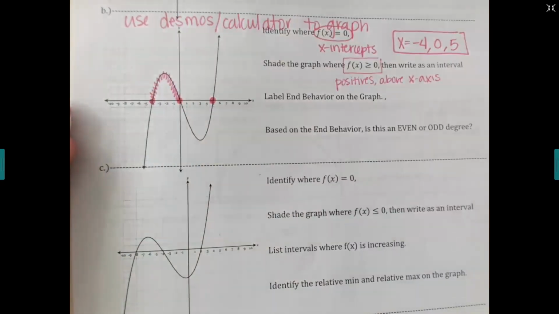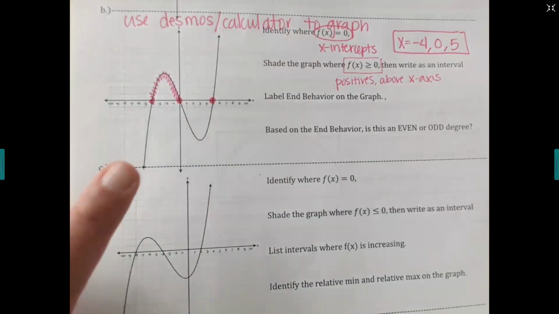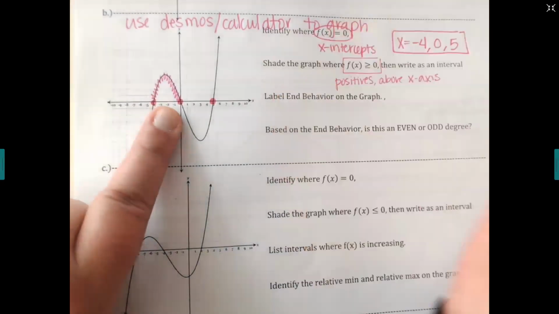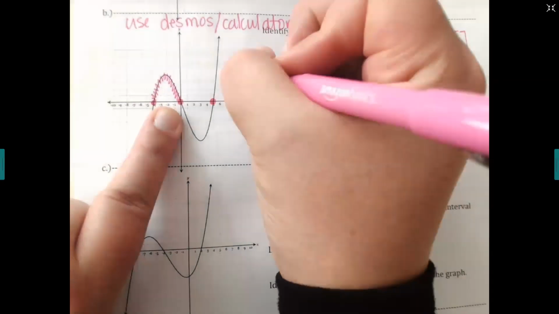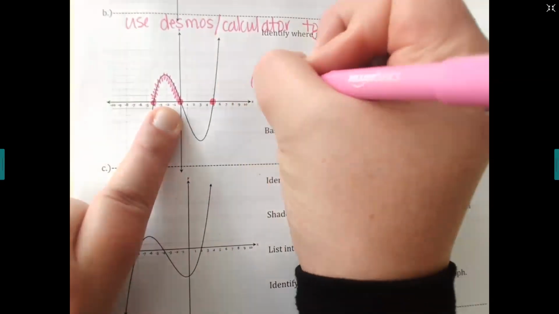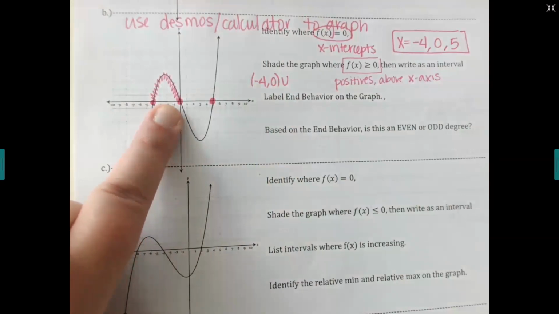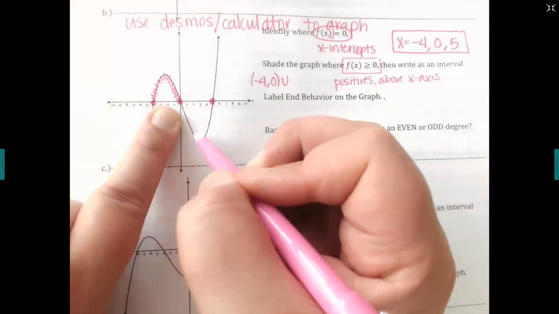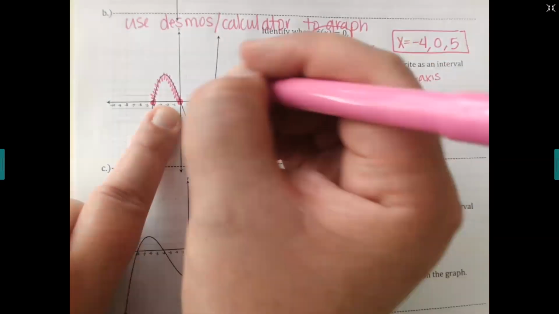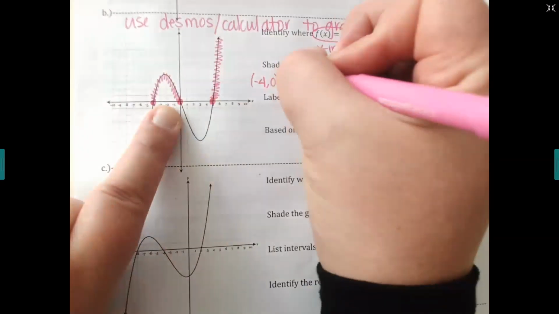But is it positive here? Yes. And notice that's not the same as increasing means uphill. Positive just means that you're in the positive numbers. What would I label that interval to be, between what two numbers? Okay, -4 until 0. And then I have one more little section of the graph in the positives. It starts at what number? I'm negative here until 5, and then 5 until infinity. That would be 5 till infinity.